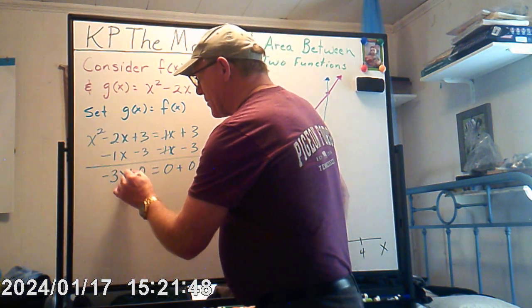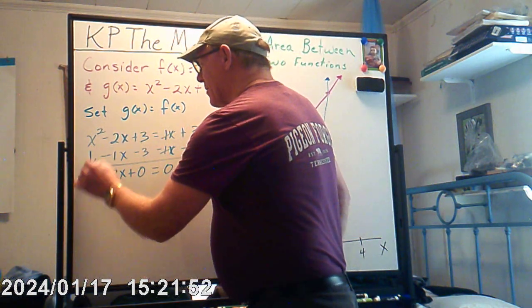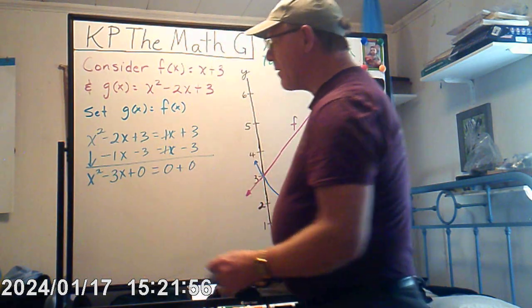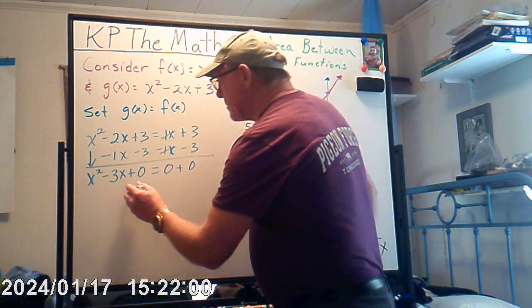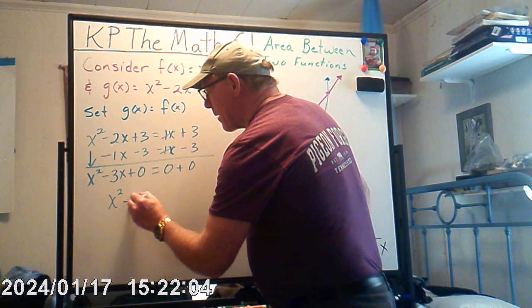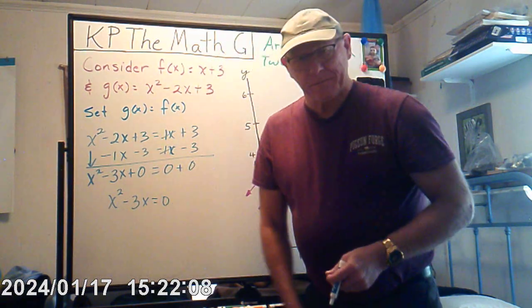We can add those because the signs are alike. And then just simply bring down the x squared. So we have x squared minus 3x plus 0 equals 0. Or we can just simply say x squared minus 3x equals 0.